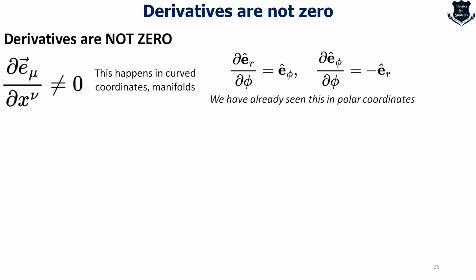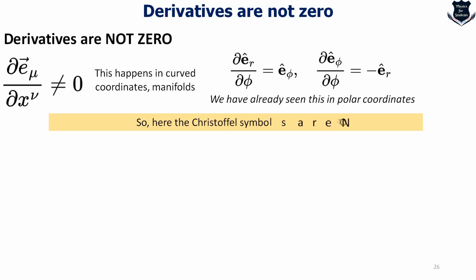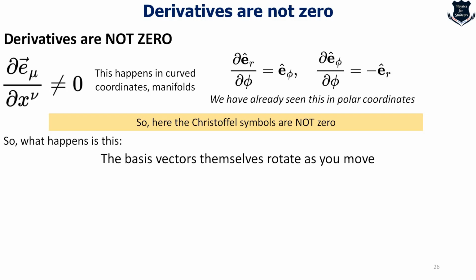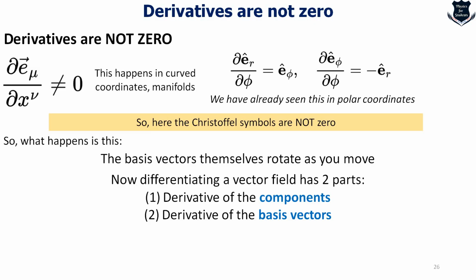It is E r or E phi, etc. So here the Christoffel symbols are not 0. What happens is that the basis vectors themselves rotate when you move, as you have seen in polar or spherical coordinates. Differentiating a vector actually gives you two parts: derivative of the components and derivative of the basis vectors.